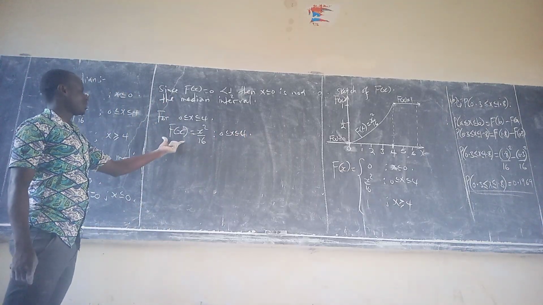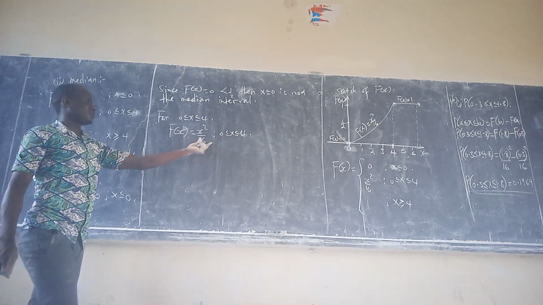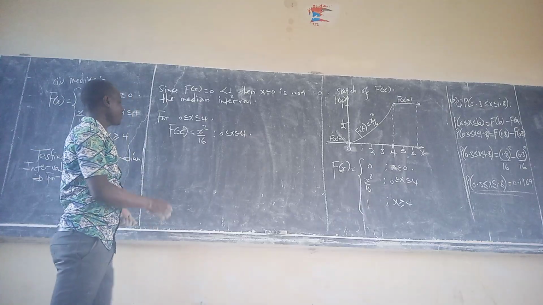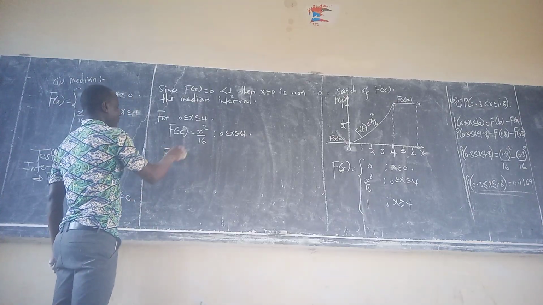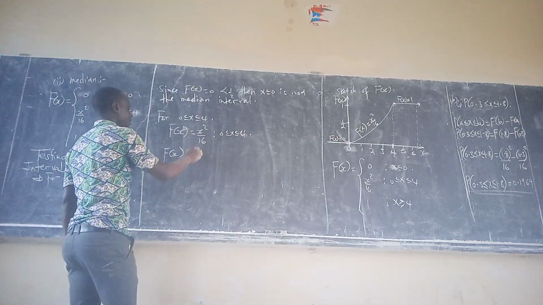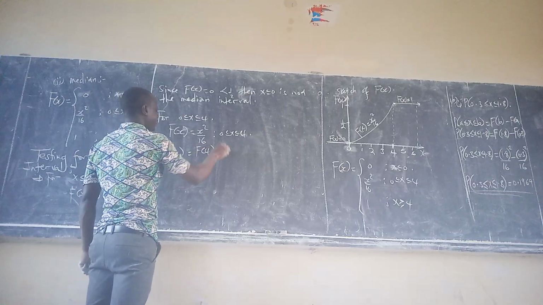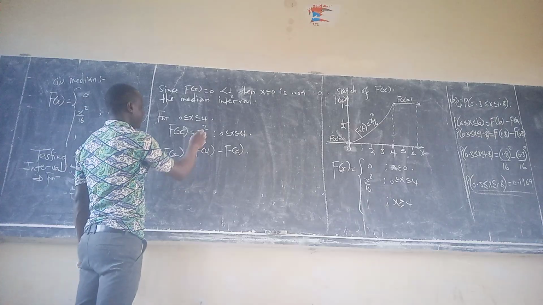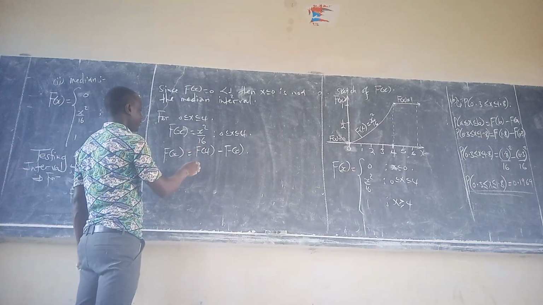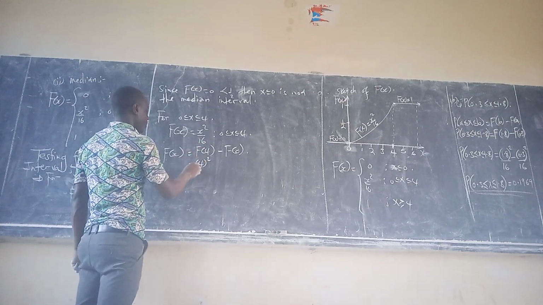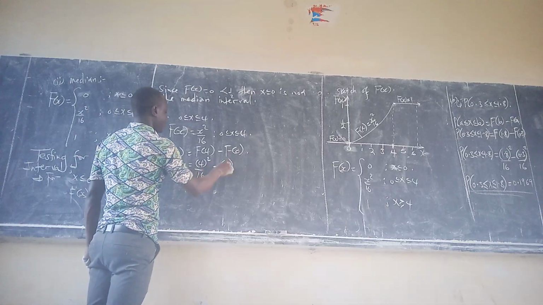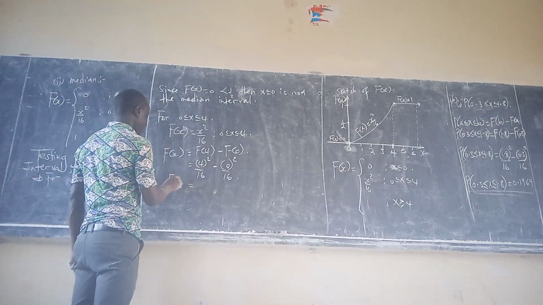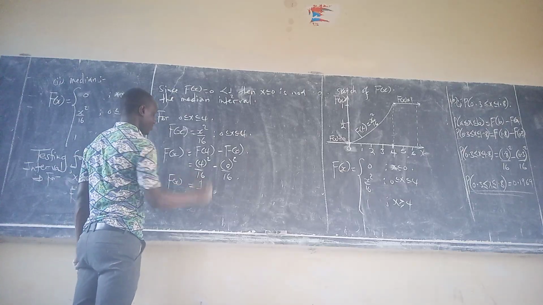So to get the capital F of x of this interval, I substitute in 4 and 0 in this function. My capital F for this interval is capital F of 4 minus capital F of 0. Putting in a 4, we have 4 squared over 16 minus 0 squared over 16, and your capital F of x is going to be 1.